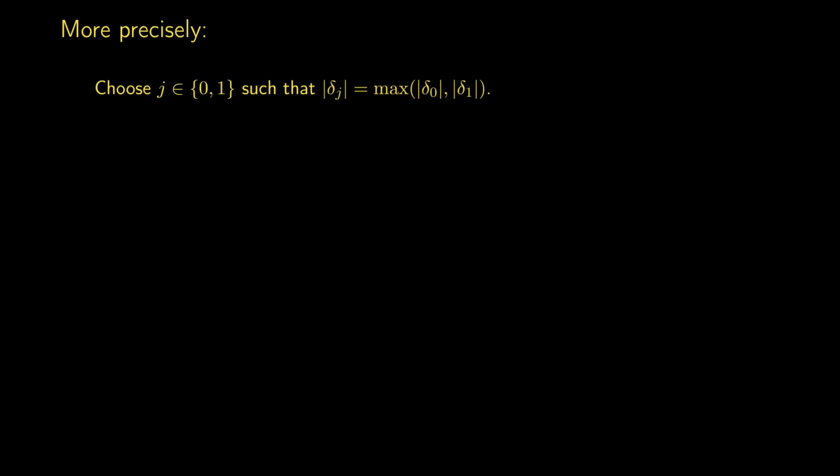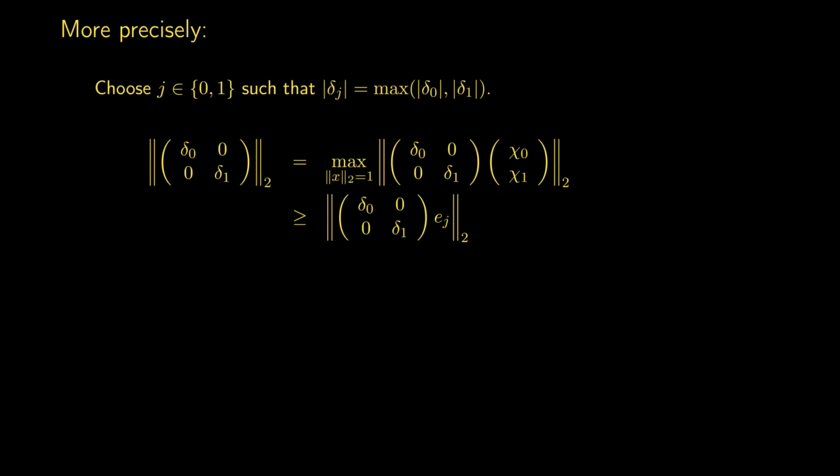Now, we really should have been a little bit more precise. What we could have said is let's pick J to be the index of the diagonal element that has the maximal absolute value. And then we could have said, okay, the 2 norm of the diagonal matrix is equal to the max. It's greater than or equal to the case where you pick a specific vector, and that happens to now be the standard basis vector that corresponds to the diagonal element that's largest in magnitude.